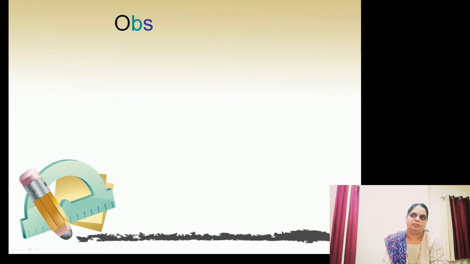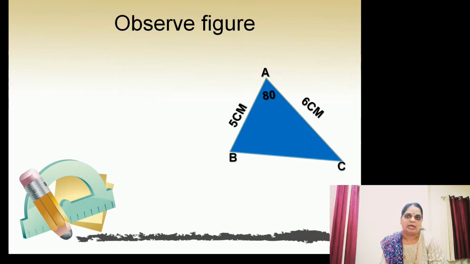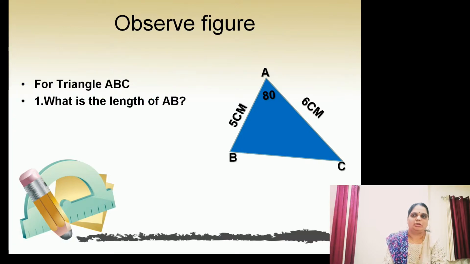Observe the figure. Here triangle ABC, the length of side AB is 5 cm, the length of side AC is 6 cm, and angle A is equal to 80 degrees. For triangle ABC, what is the length of AB? We see that AB is 5 cm.